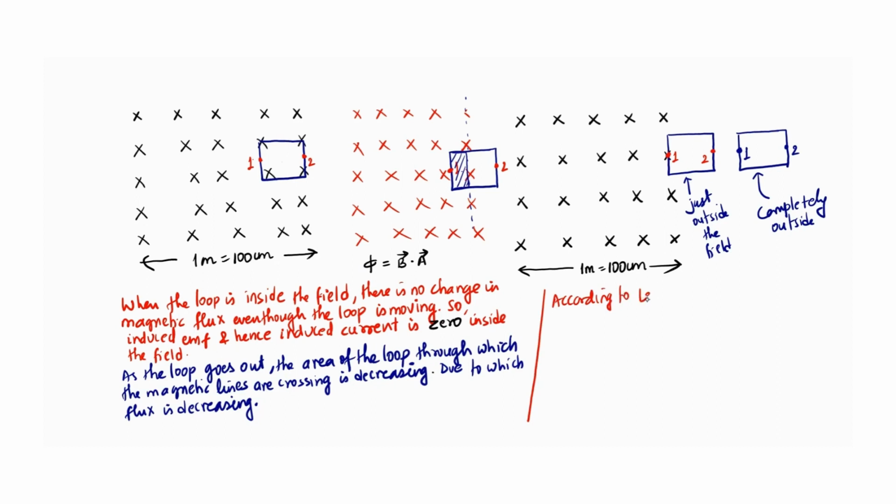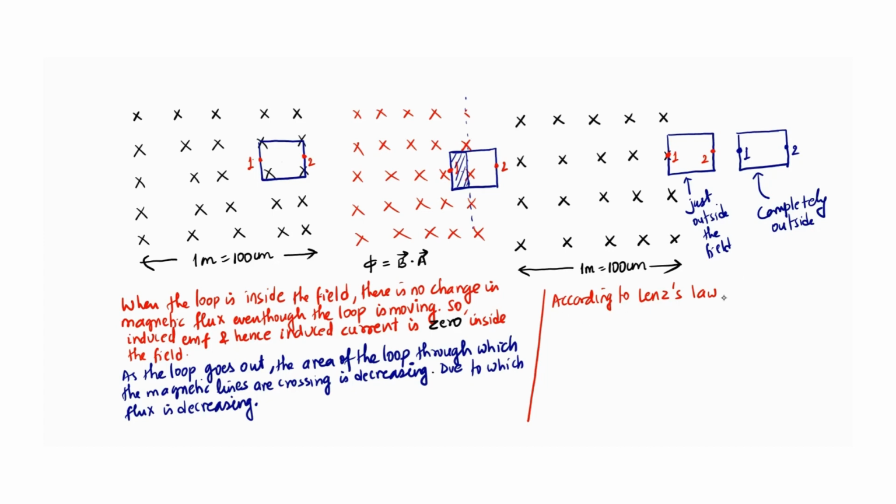Whenever there is a change in flux, whether flux is increasing or decreasing, we have an induced EMF and hence induced current. In this case, decreasing flux means we have change in flux, and the direction of induced current is given by Lenz's law.